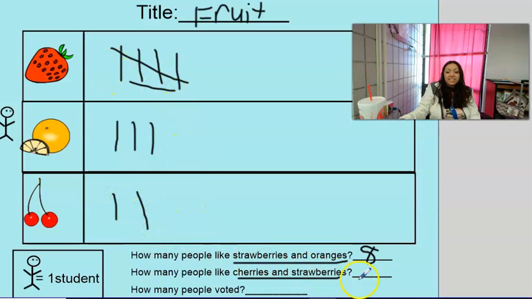Then I have 6, 7. Okay, and then it says how many people voted? So I have to think about them in all. So I've got 5, 6, 7, 8, 9, 10. So 10 people in all. Very good. All right. So they tried to trick you a little bit because they tried to put some information on there that wasn't there.